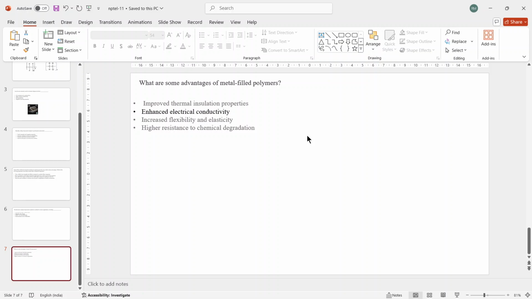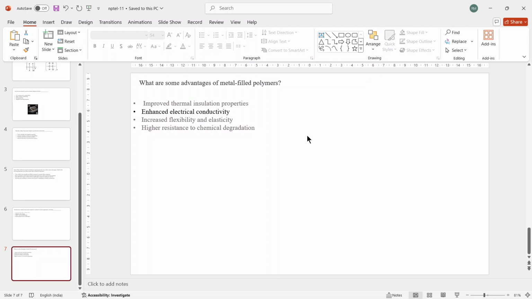Enhanced electrical conductivity. Yes, that can be an advantage, and that is one of the advantages of adding metal to the polymers itself. So if you have a metal complex formed with the polymer, it can improve the electrical conductivity of the polymers, and if any application requires that, that will be useful. Increased flexibility and elasticity. No, it won't be increasing the flexibility and elasticity, and it's not an advantage because it will be making the polymer much weaker.